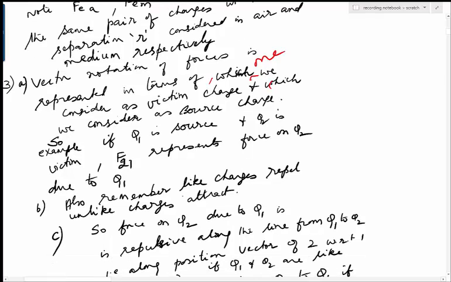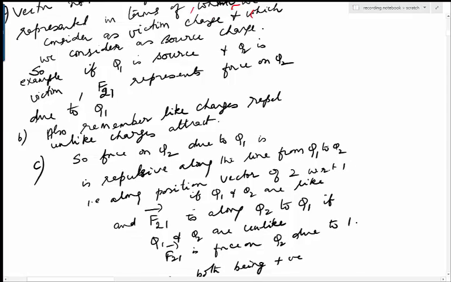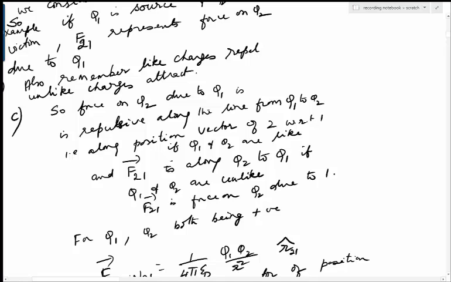And also remember, like charges repel and unlike charges attract. So, the force on Q2 due to Q1 is repulsive along the line joining Q1 to Q2, that is, along the position vector of 2 with respect to 1, if Q1 and Q2 are like. And F21 is along Q2 to Q1 if Q1 and Q2 are unlike. In both cases, we are only seeing the charge on 2 due to 1.